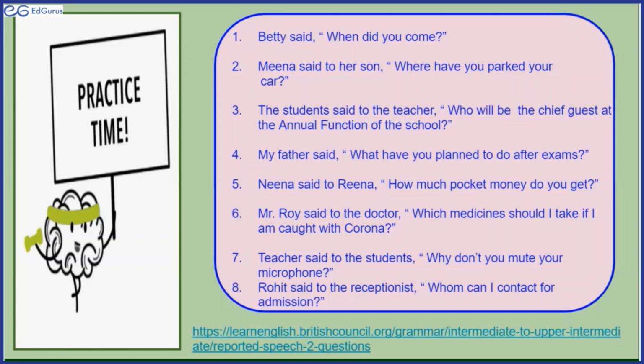Why I told you this is it would be easy for you to change its tense. Right. Now you see what you have to change. You have done mentally the sentence, when you did come. Okay, so you have to change this into the indirect form.